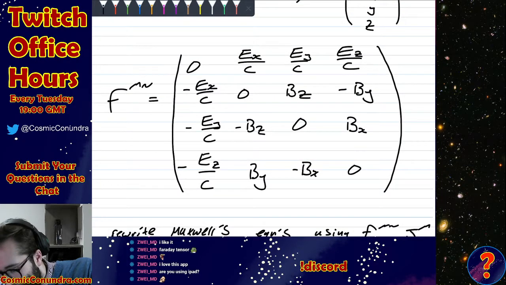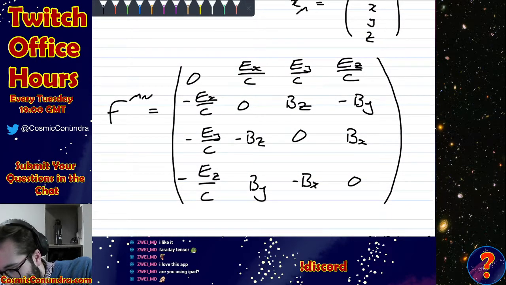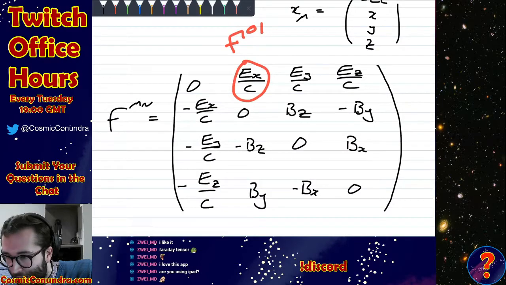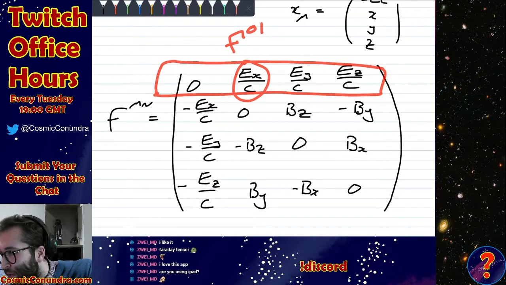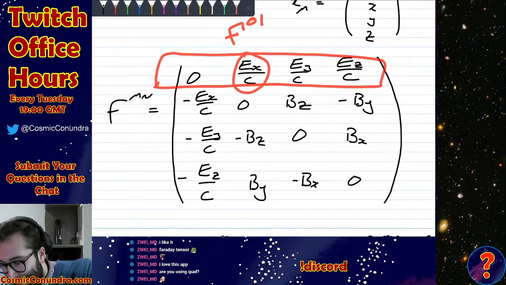So what can I do? Well, the x component of the E field corresponds to the 0,1 element of the field tensor. Remember, the first number corresponds to the row, and the second number corresponds to the column.